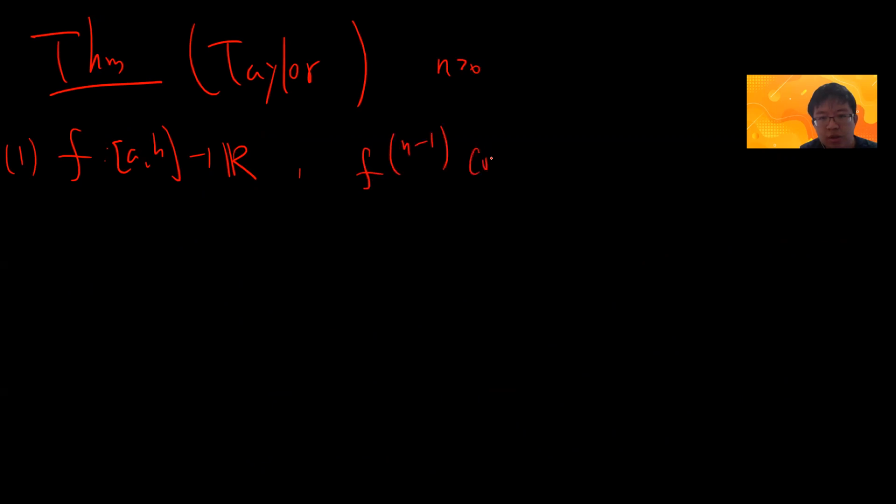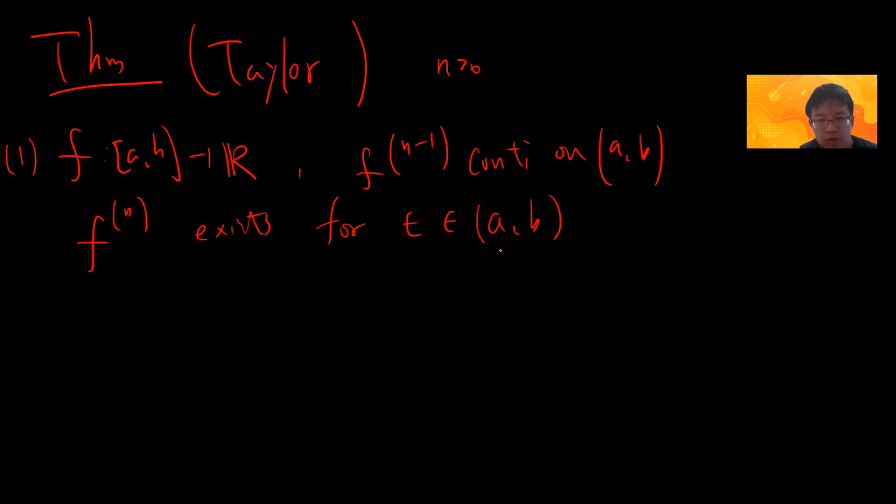Okay, so suppose f is defined on a real closed interval, and n is some positive integer, and f to the n minus 1 is continuous on the closed interval ab, and the nth derivative of f exists for any t in the open interval ab.